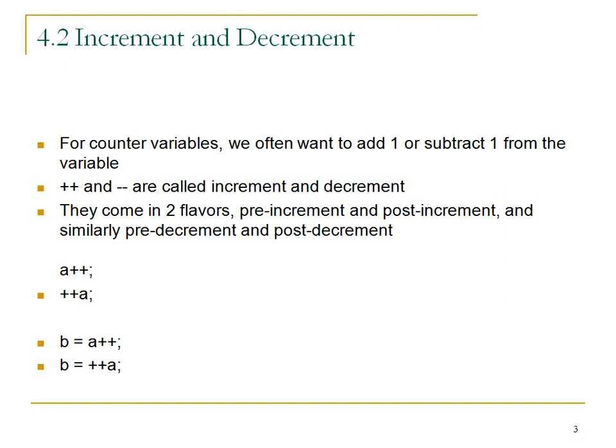So we write a plus plus and plus plus a, and those look different, but they aren't. A plus plus adds 1 to the value that's in a, and plus plus a adds 1 to the value that's in a. So why are there two that are different? It depends on when the adding 1 happens, and this breaks the rules of precedence.